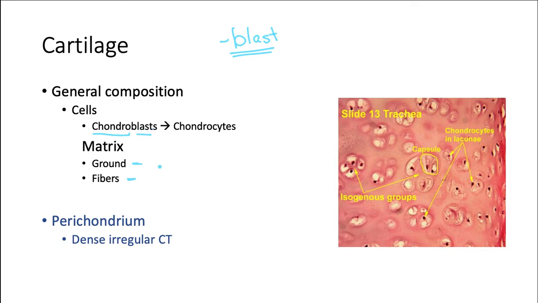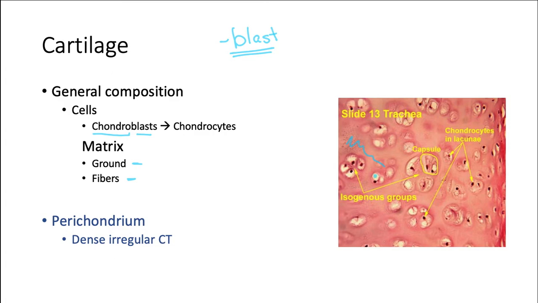What happens when cartilage is developing is that the chondroblasts build the matrix, this part that's not cellular, and the chondroblasts literally build themselves into a room. It's like if you took a bunch of bricks and made a wall around yourself. So you just wall yourself in for life.